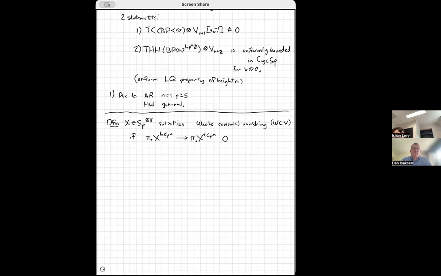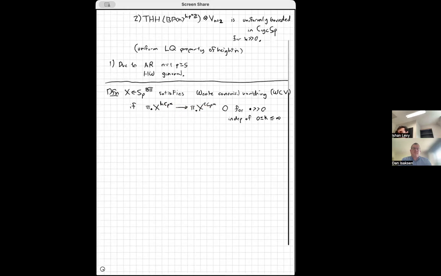So this is 0 for star sufficiently large, independent of k, and k is allowed to be between 0 and infinity. So it's allowed to be infinity, in which case you're basically taking the fixed points by the whole circle. Okay. So that's weak canonical vanishing.